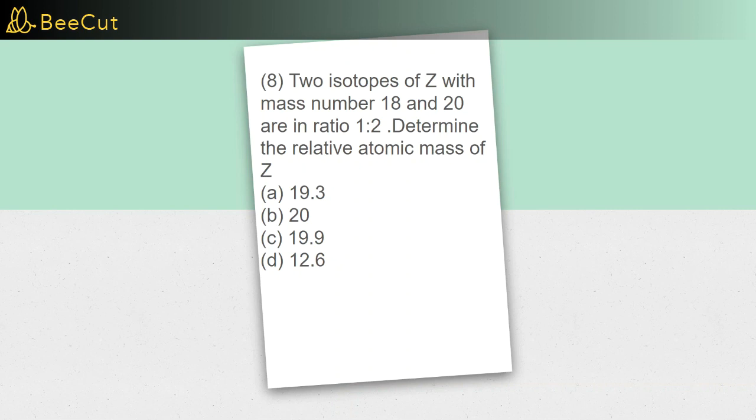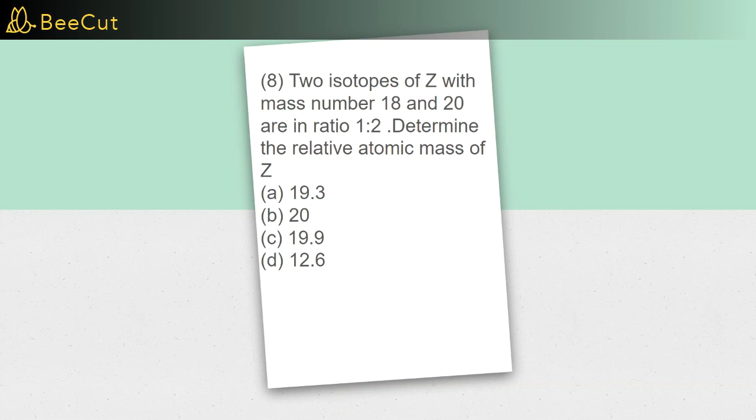Now, we make use of the ratio, which is ratio 1:2. We add the ratio up. According to the element Z, one isotope has mass number of 18. 18 goes to ratio 1.